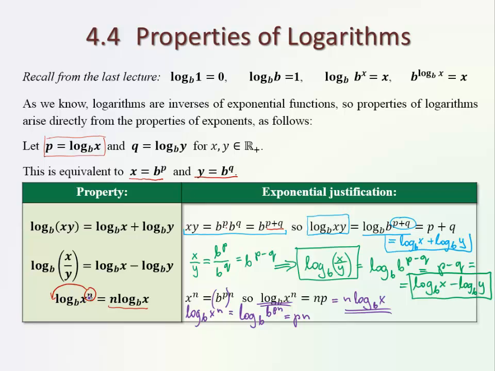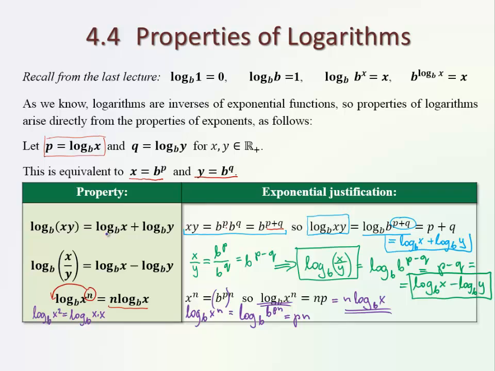Notice that for integer n, this property arises directly from the previous two. For example, if n is a natural number, particularly 2, then log base b of x to the 2 is the same as log base b of x times x.